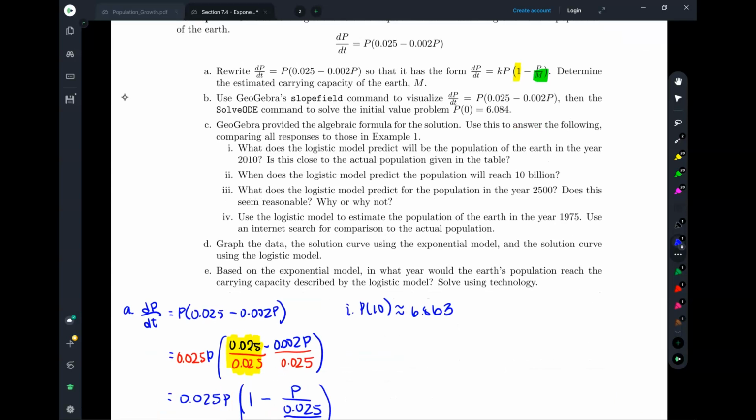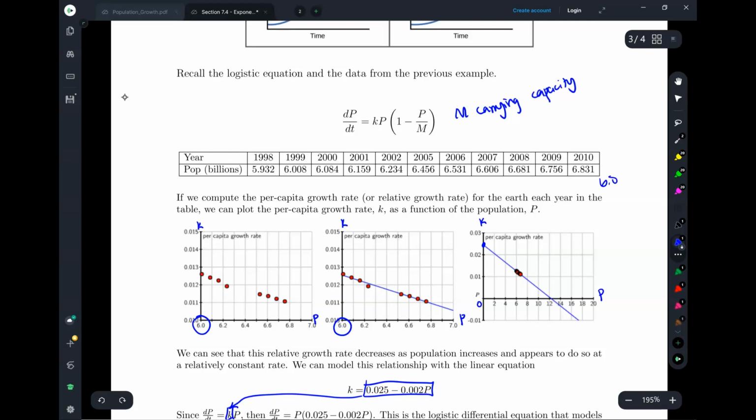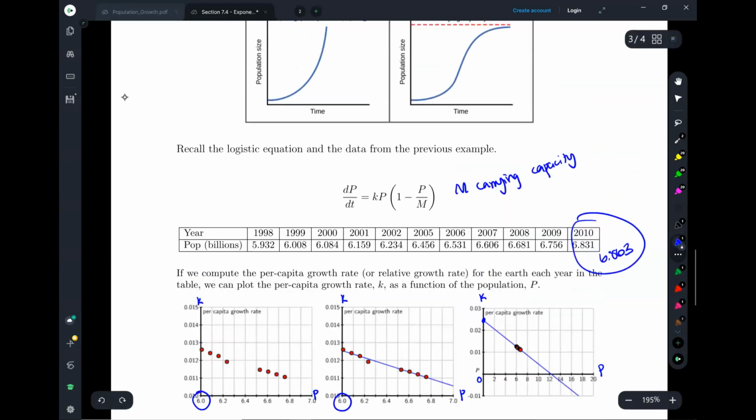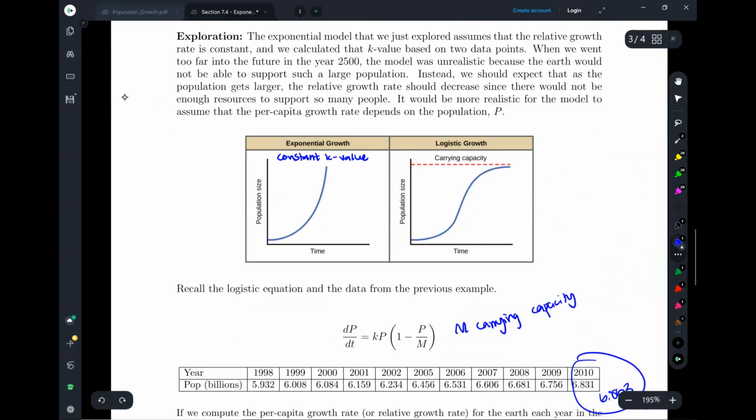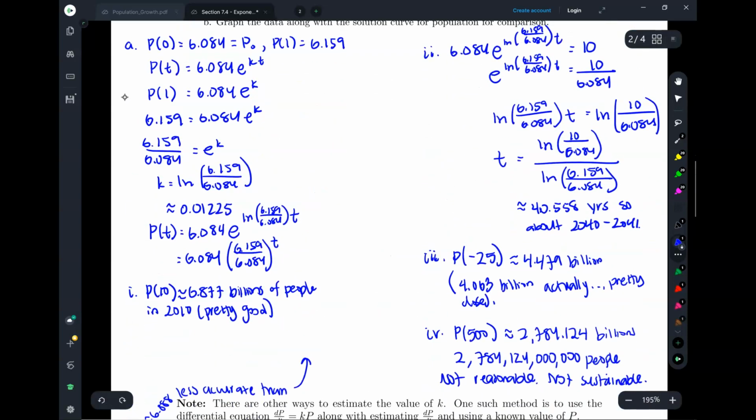Keep that number locked in your mind. 6.863 compared to 6.831. Okay, so that's pretty close, isn't it? Especially if we compare that with the exponential growth model. So 6.863 was the logistic, and it was 6.877. So the exponential growth model kind of overestimated the population of the Earth in the year 2010.